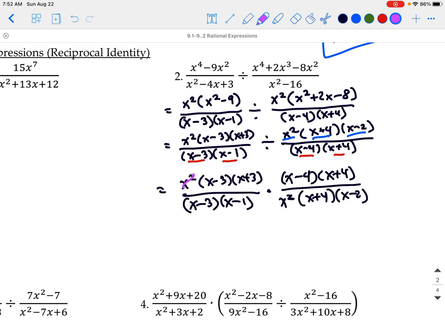And let's see what cancels. Our x squareds are going to cancel, and x minus 3 cancels, and x plus 4 cancels, and I think that is it. So then our final expression is going to be x minus 4 times x plus 3 in the numerator all over x minus 1 times x minus 2.